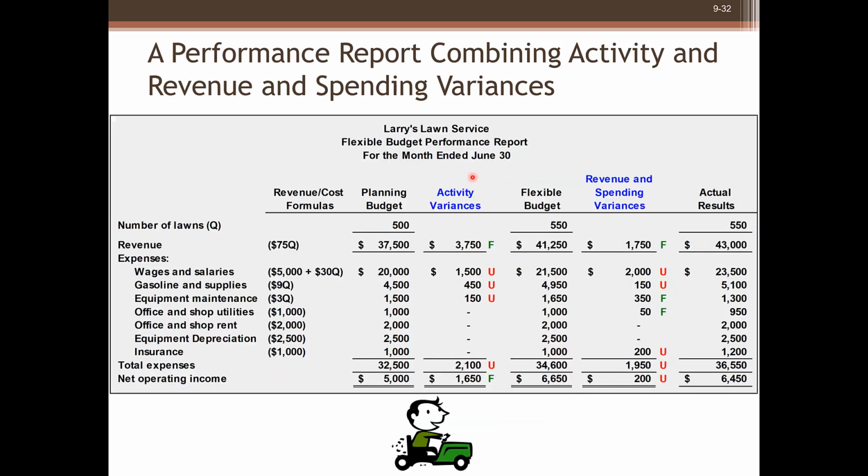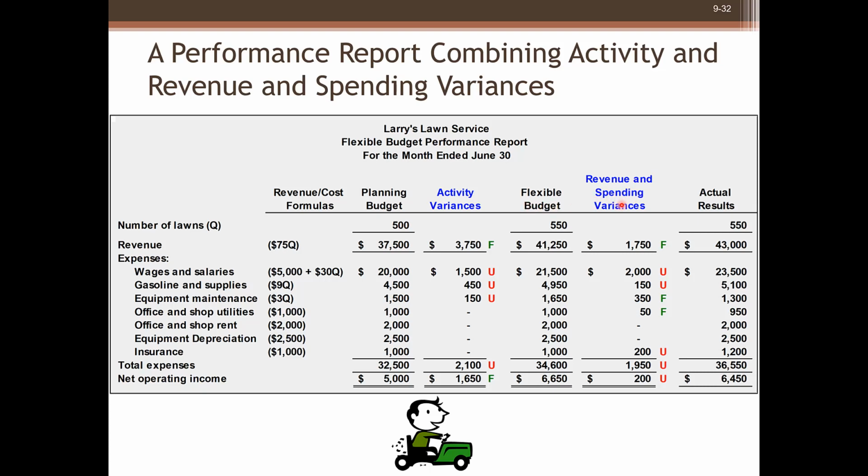This is Larry's Lawn Service Flexible Budget Performance Report, which shows both activity variances and revenue and spending variances. So you can see here, the activity variances are between planning budget and flexible budget.